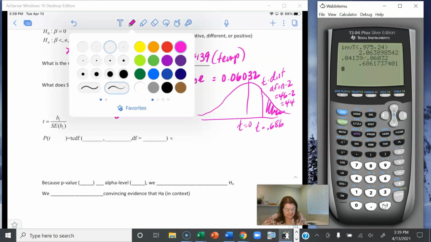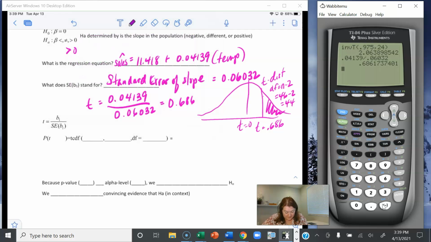All right, so next step is we're going to go to our probability statement. So the probability that T is greater, and again, this is matching our HA, greater than 0.686, is starting at 0.686, going to infinity with the degrees of freedom equals 44, and I'm back to my calculator.